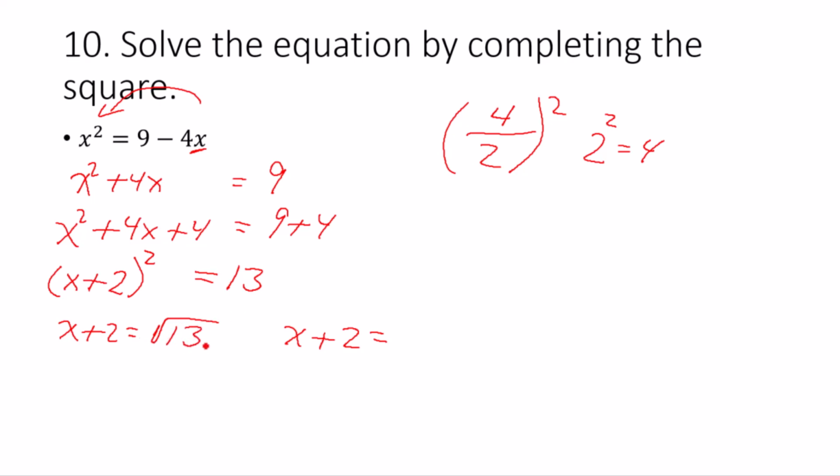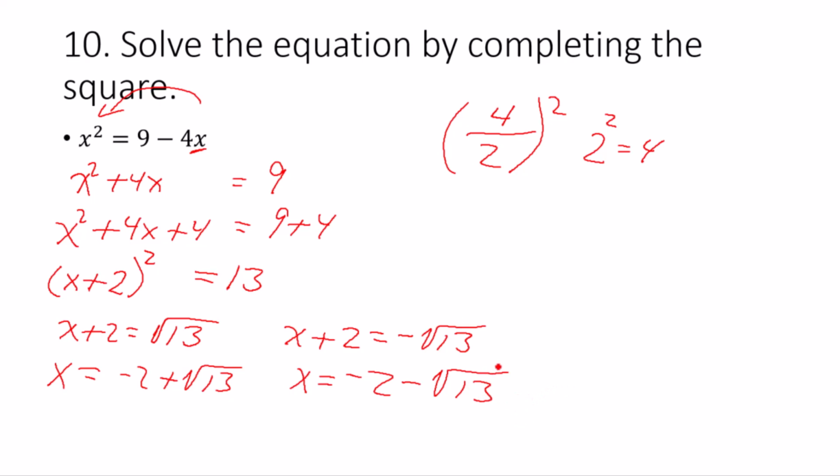We write down the positive answer, and we'll write the negative answer as well. Subtracting 2 from both sides, we have x equals negative 2 plus the square root of 13. And after you've solved a few of these, I can almost guess what the other side is. Negative 2 minus the square root of 13.